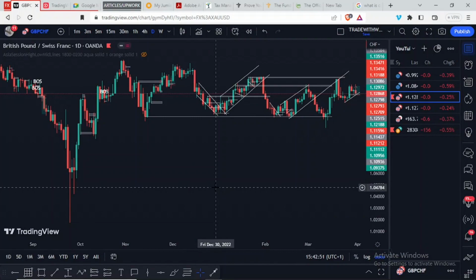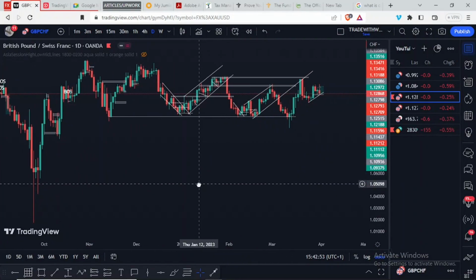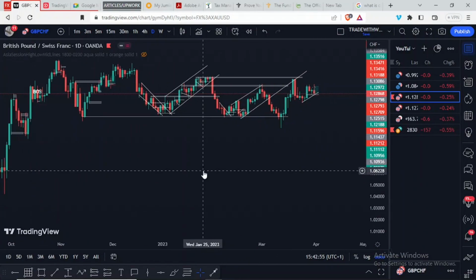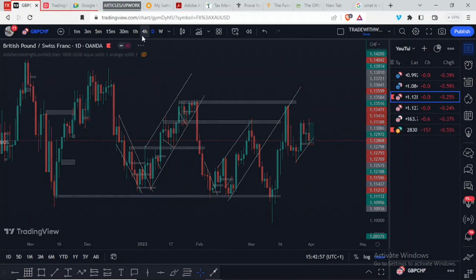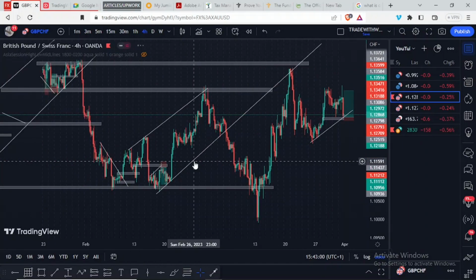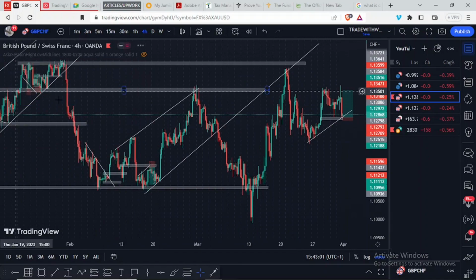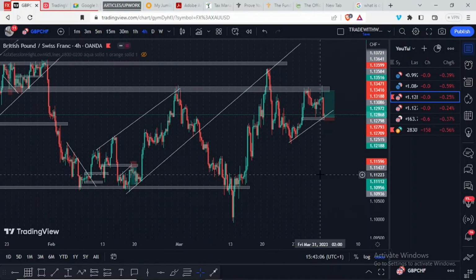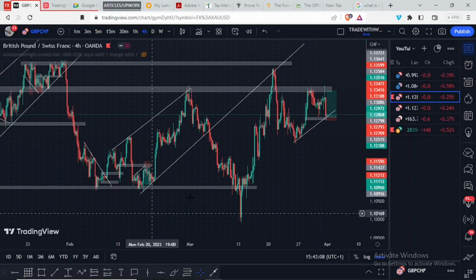Now, the only problem about retail is you have to draw a lot of lines for confluences, because you all know that just because you've drawn a single trend line or rectangle, the markets will start reacting from that. No, that's not possible.